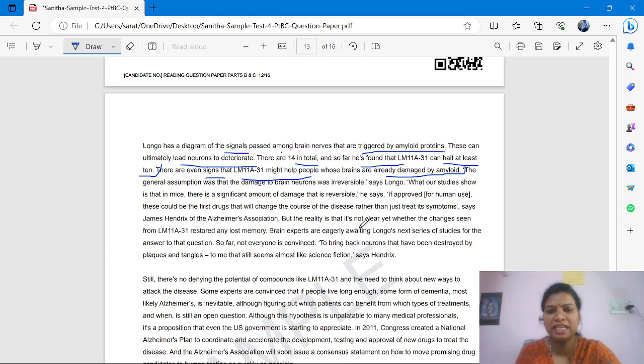But the reality is that it is not clear yet whether the change seen from LM11A31 restored any lost memory. Brain experts are eagerly waiting for Longo's next series of studies for the answer to that question. So far, not everyone is convinced. To bring back neurons that have been destroyed by plaques and tangles still seems almost like science fiction, says Hendricks.